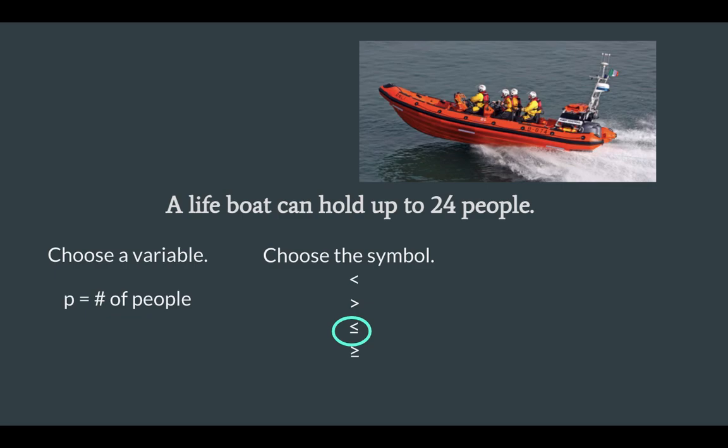In this case, it's less than or equal to, because the lifeboat can hold 24 people or less. And then we use the number that's given in the situation. In this case, it's 24. If we put that all together, we get P is less than or equal to 24. That's the inequality that matches this situation.